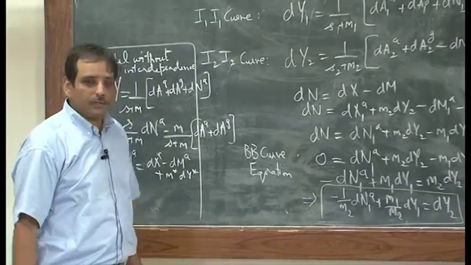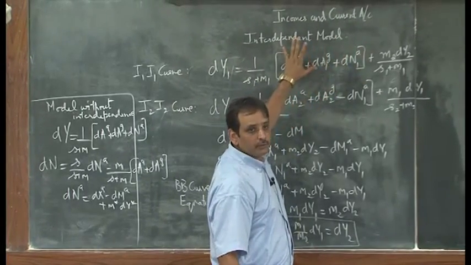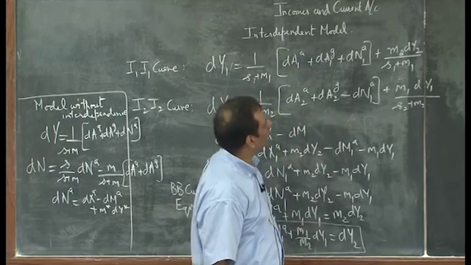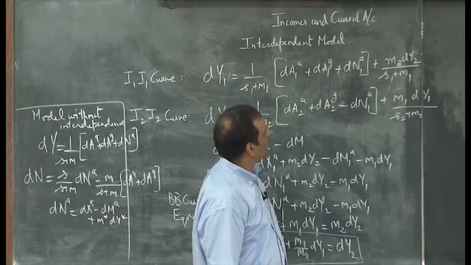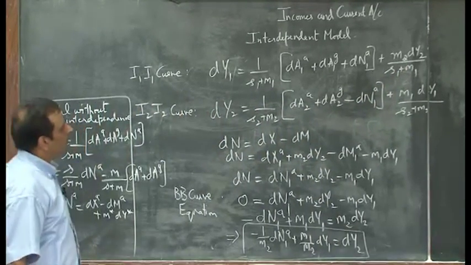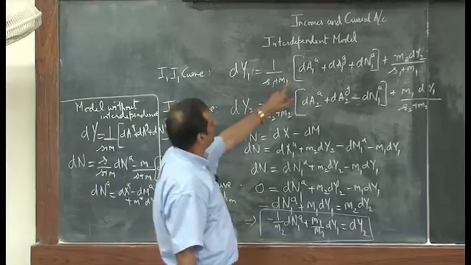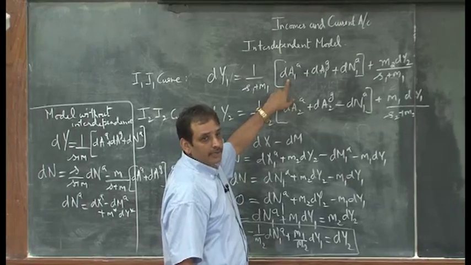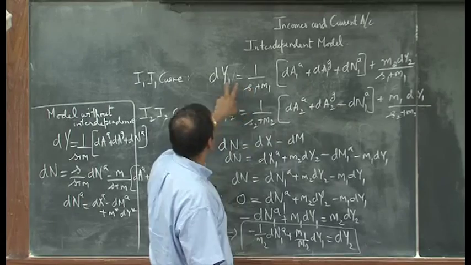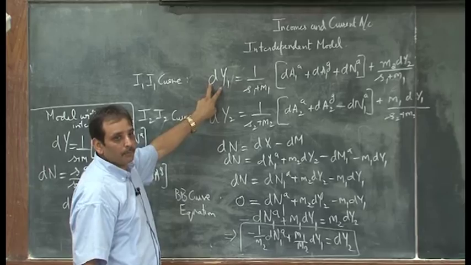Now, with any equation that you have, if there are changes in the autonomous components, then you see a shift of the curves. So, say for example, if there is an increase in expenditures, the incomes in the first country would go up.